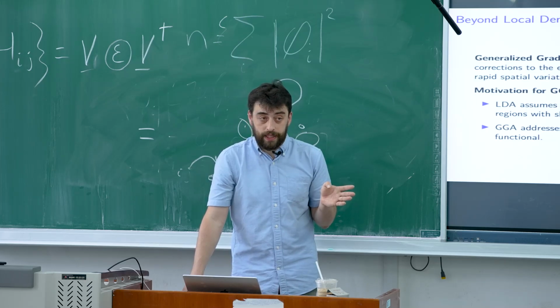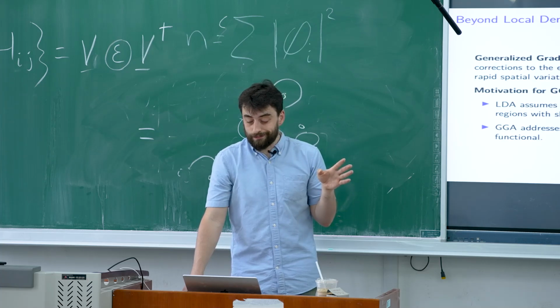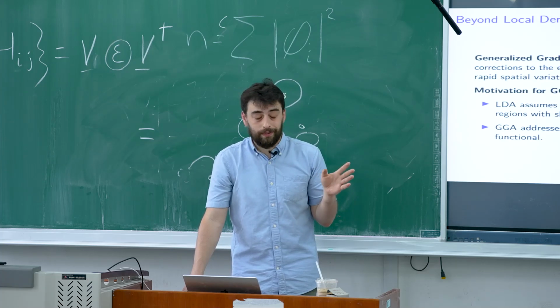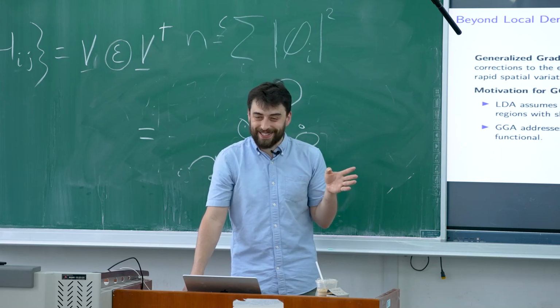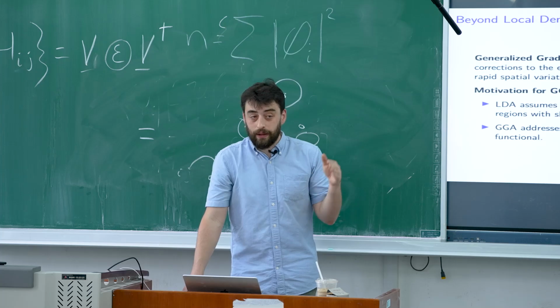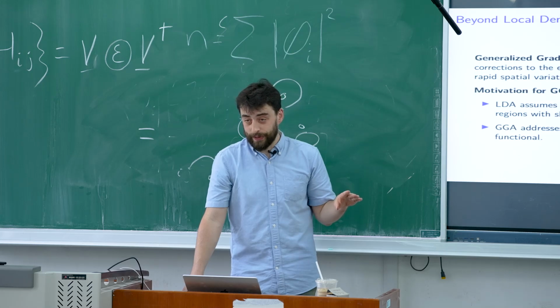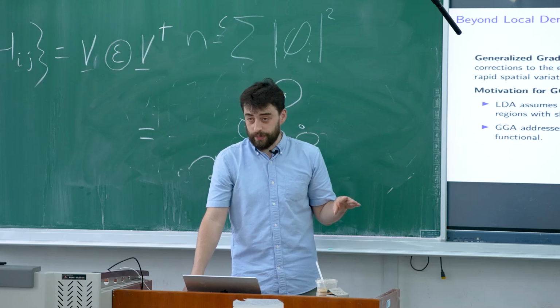Generalized gradient means that in the places where my exchange correlation functional goes singular, I'll just clamp it to 0. It's a very inelegant solution to the problem of a non-continuous function, but it works.